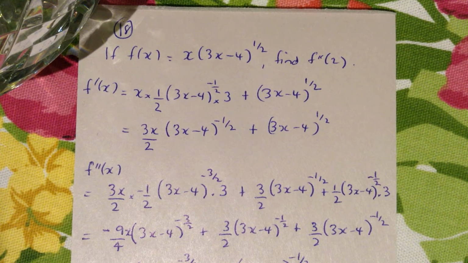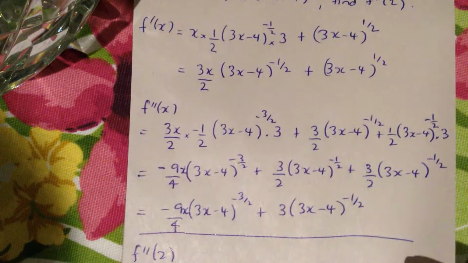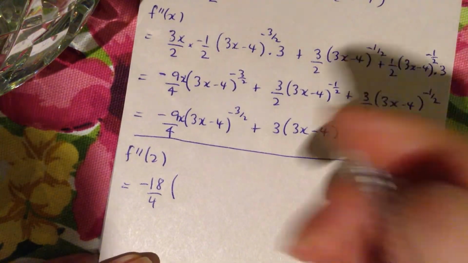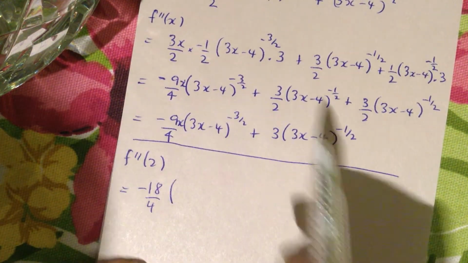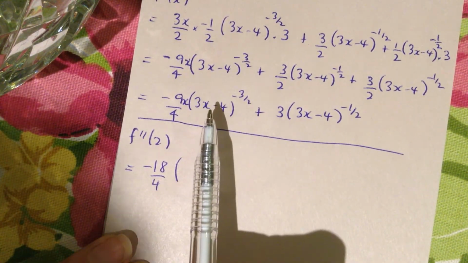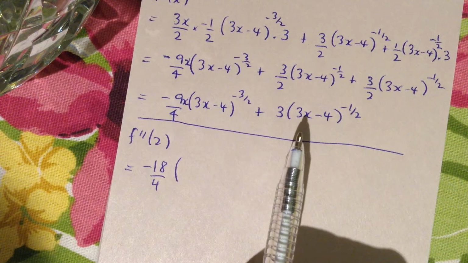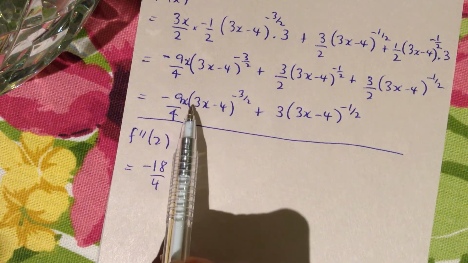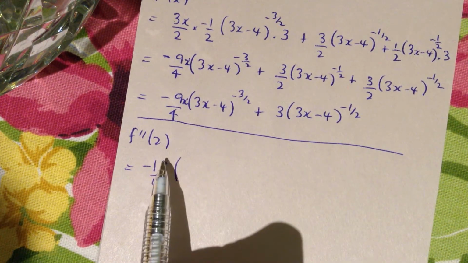So minus 9 times 2, which is minus 18 on 4. Okay, so there's f double dash of 2, and we're going to substitute x equals 2 everywhere we see an x. So minus 9 times 2 is minus 18, I put minus 18 on 4.